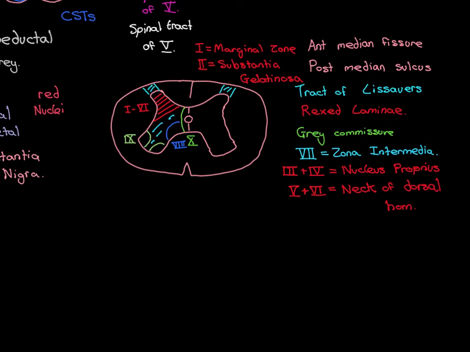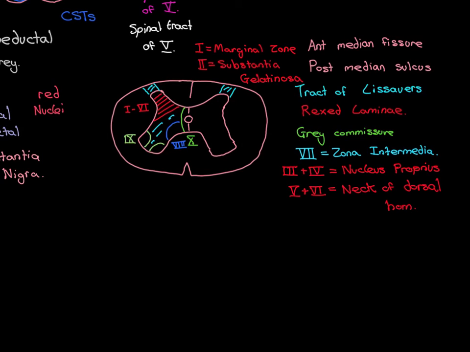Well, first it will go through the spinal tract of the trigeminal nerve, through the bottom of the pons, through the medulla, and then it will go into the tract of Lissauer, which is the continuation of the spinal tract of the trigeminal nerve, and then it will synapse on the second-order neuron that will have its cell body in substantia gelatinosa, which is the continuation of the spinal nucleus of the trigeminal nerve into the C1 and C2 levels.